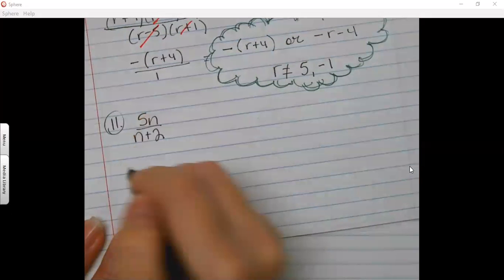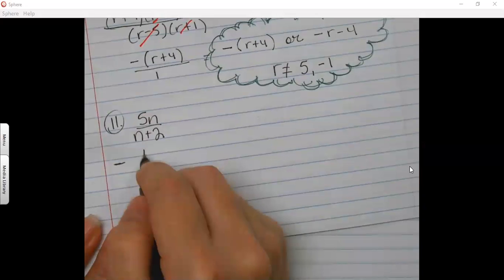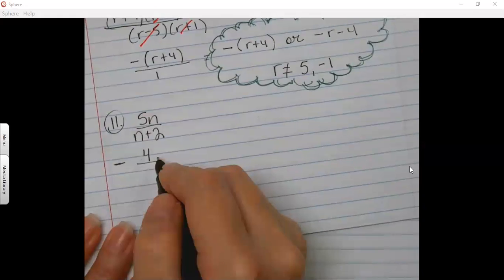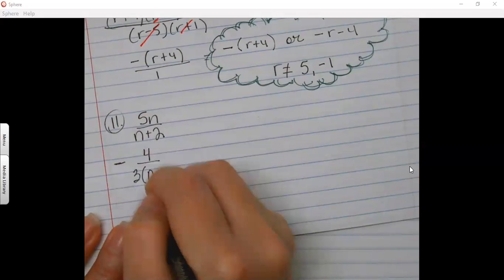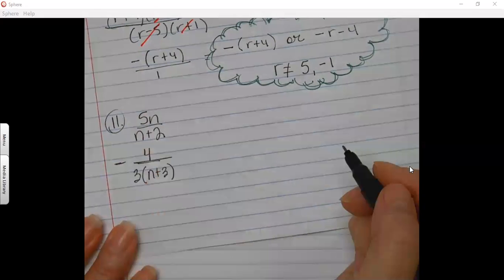plus 9. And I'm going to go ahead and factor that, although it really doesn't make a difference here, but let's just in case. If I factor that, that would be 3 times the quantity of n plus 3, right? All right, we cannot add and subtract fractions until we have a common denominator.